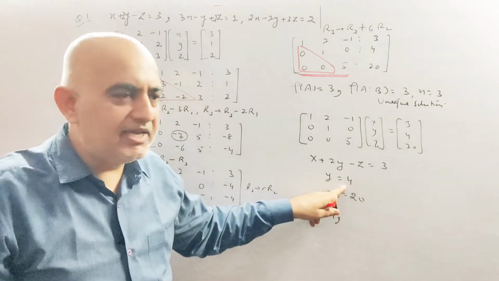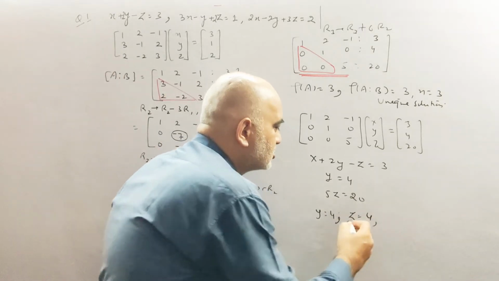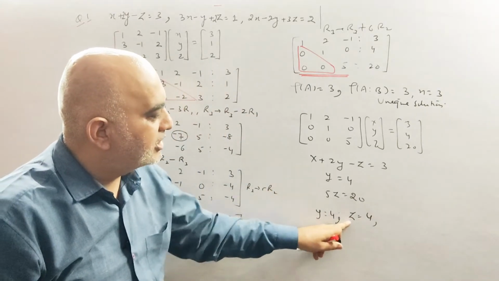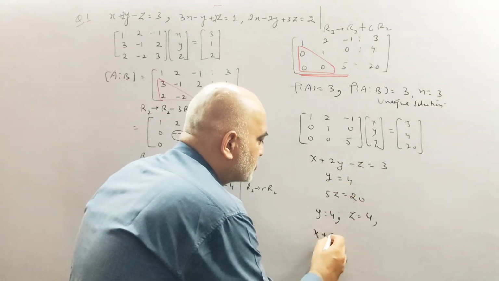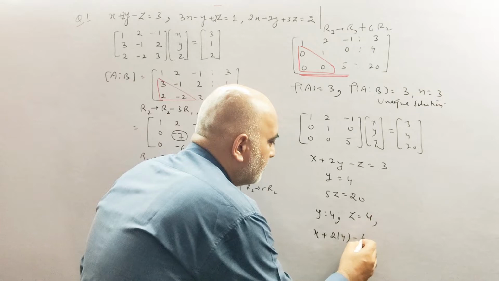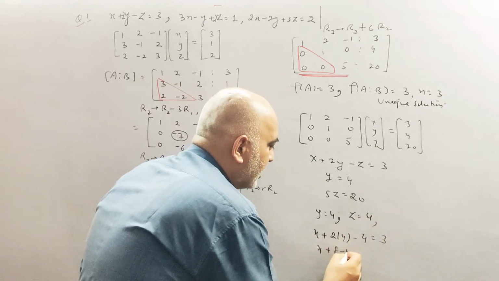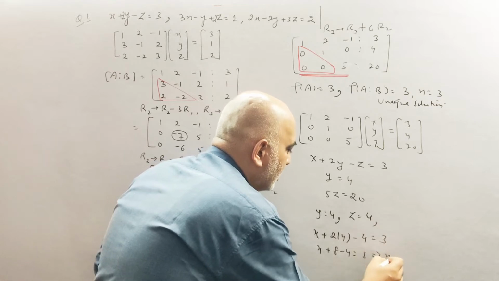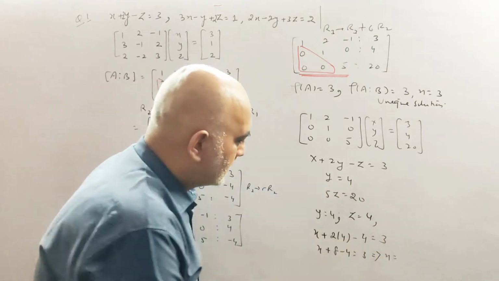It is obvious y is equal to 4, and solving it we are getting z that is also 4, and substituting the value of y and z into the first equation, we are getting x plus 2y minus 4 is equal to 3, x plus 8 minus 4 is equal to 3, and value of x becomes minus 1.